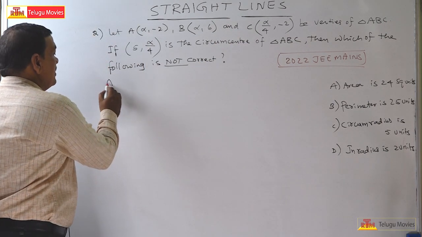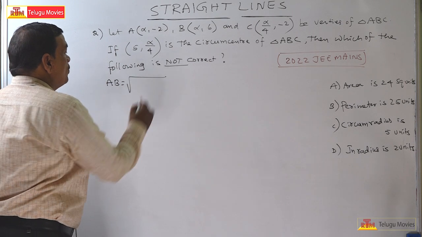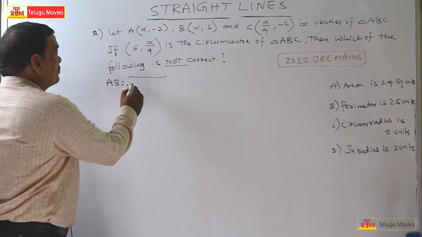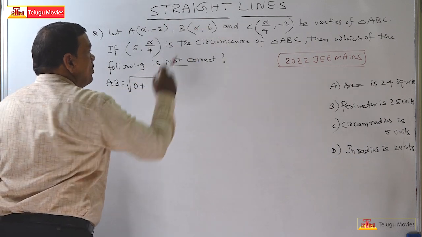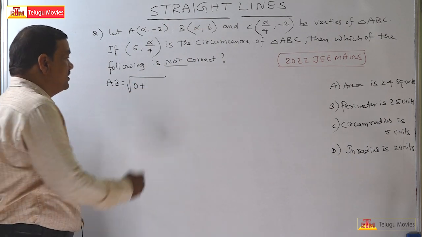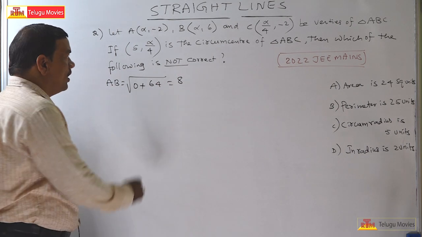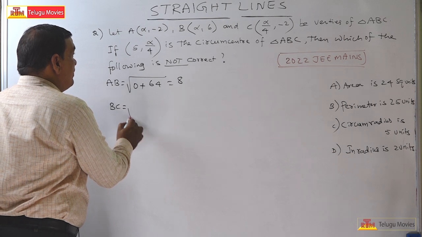First AB. The distance between A and B is square root of (x2 minus x1) whole square, (alpha minus alpha) whole square, that is 0, plus (6 minus minus 2, that is 8) whole square, which is 64. So this is equal to 8. What is the distance between B and C?